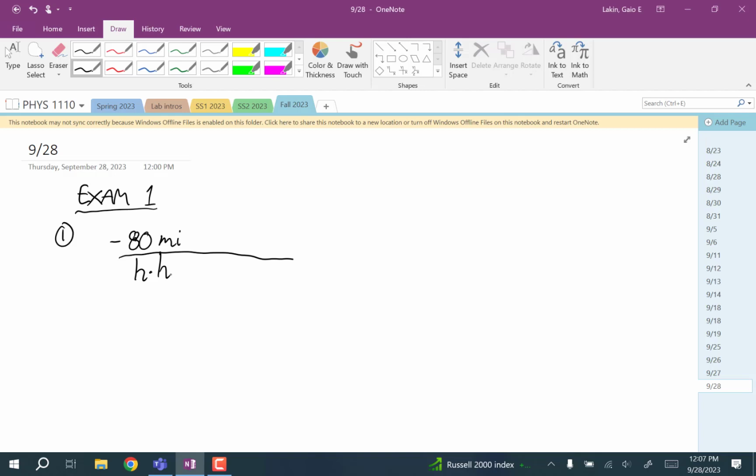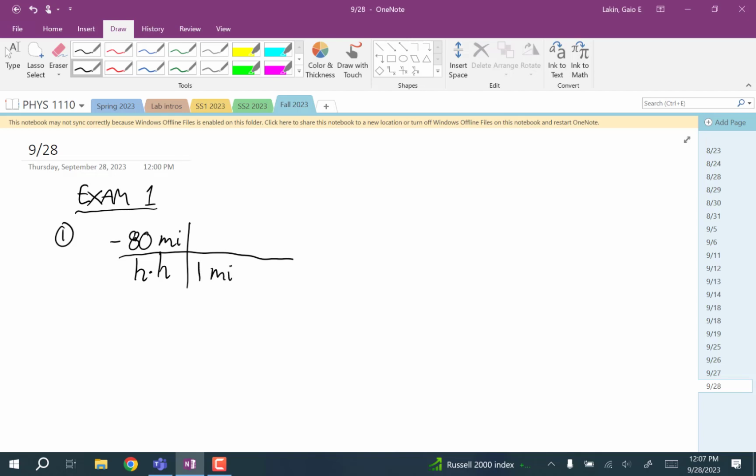And we're trying to convert to millimeters per minute squared. First we're gonna go miles to meters, and then meters to millimeters. And the most common problem that I saw on this was in the step going from meters to millimeters.